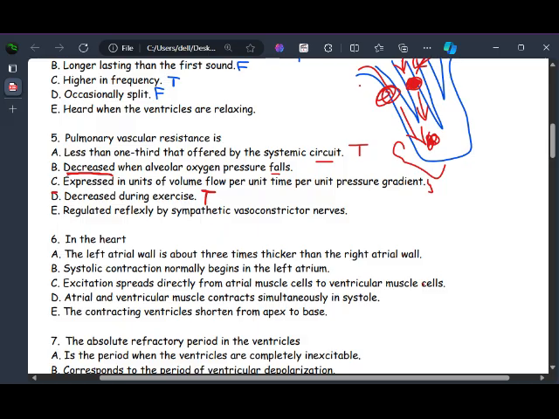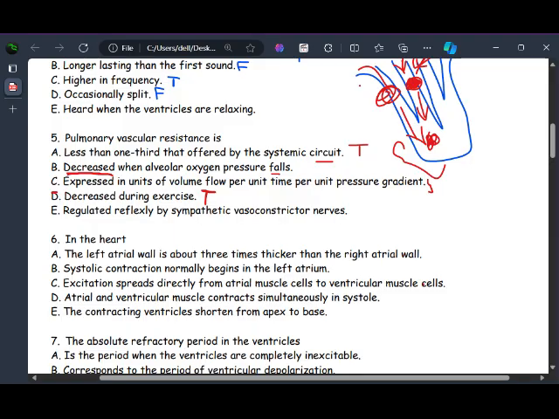It is false because pulmonary vascular resistance is regulated by local factors rather than nervous input. So you have to remember that it is not regulated by CNS input, but rather by local activities, like if there's large blood flow.